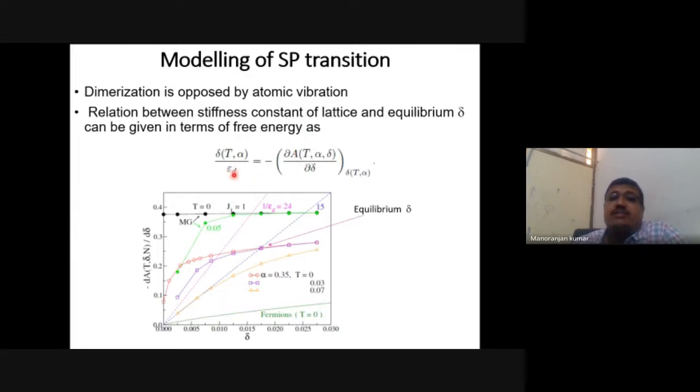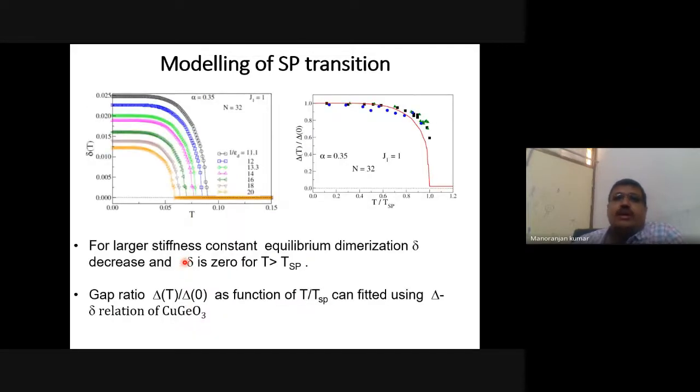Here epsilon d is your stiffness constant, and A is your free energy, and lambda is the dimerization, as you know. And we can see that these crossing points are the equilibrium delta, and if you plot these two, these crossing points are going to give you the equilibrium dimerization.